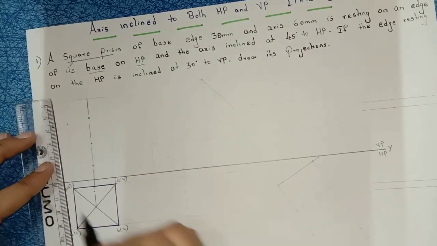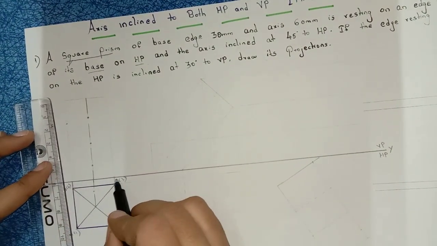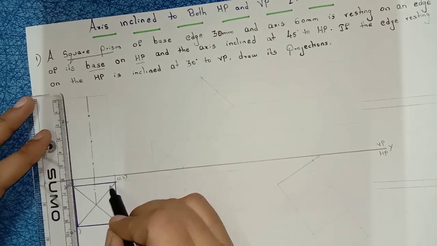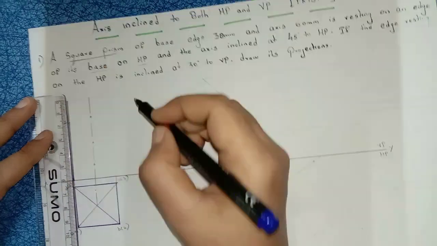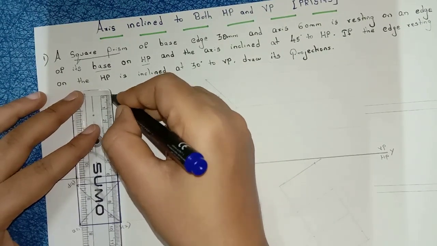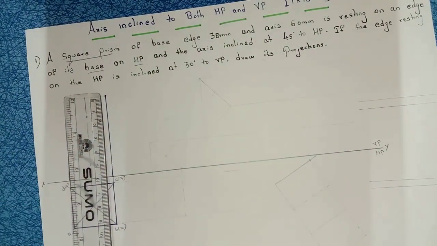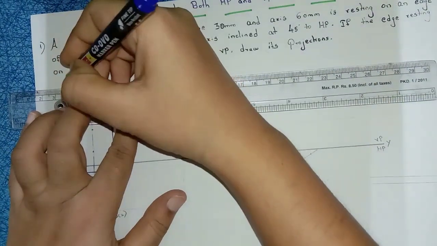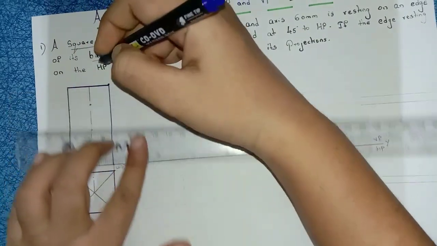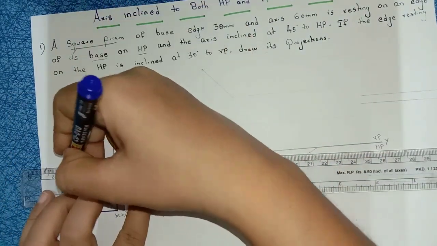Now from this corner also take 60 mm. From this corner also take 60 mm, and here also 60 mm. After that join this one, and join here.